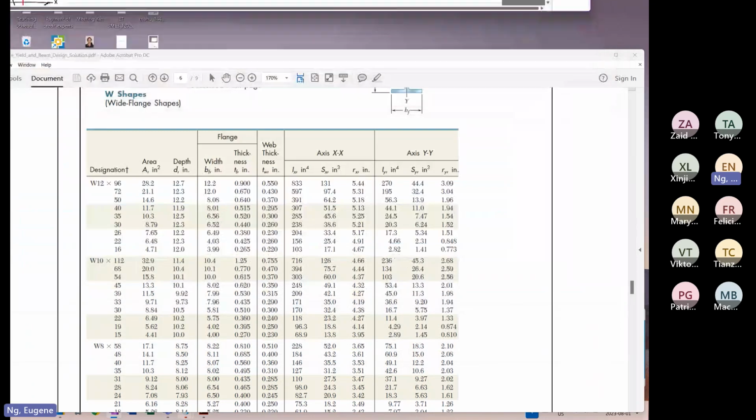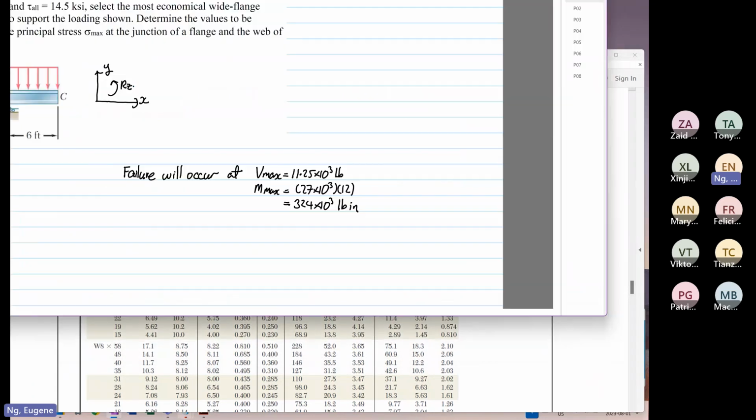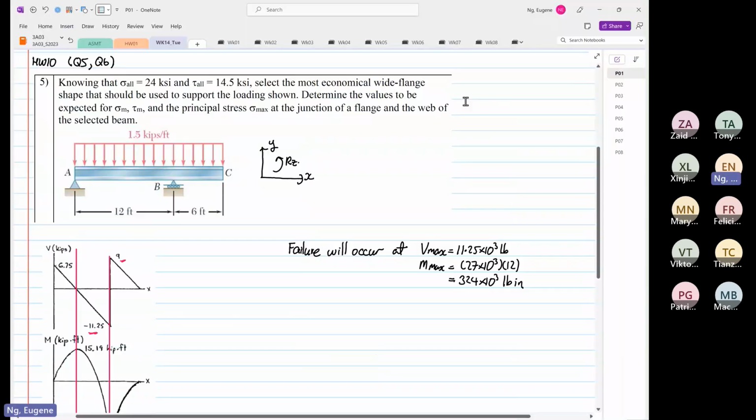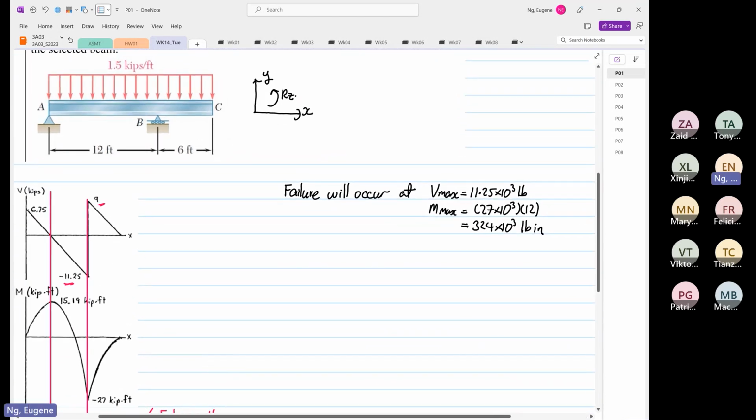Okay, so now the first thing we're going to do is select based on the maximum stress. So we know that what we have is our Vmax is 3 to 4 times 10 to the power 3.